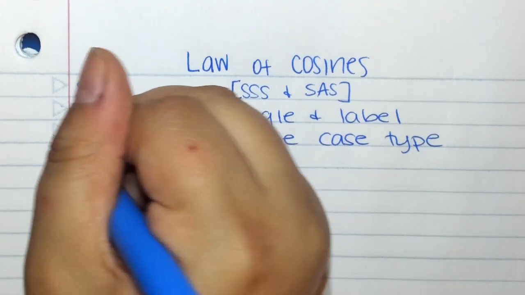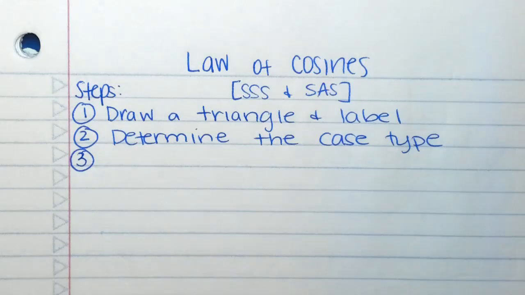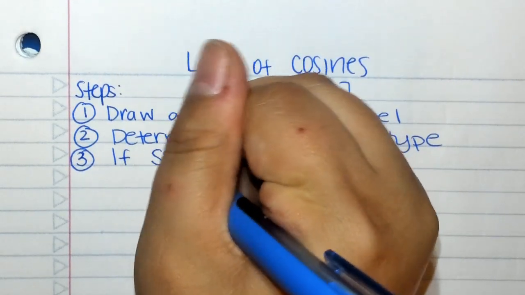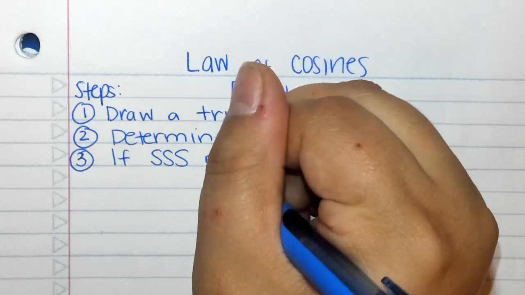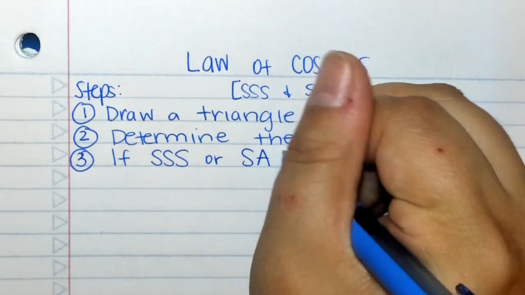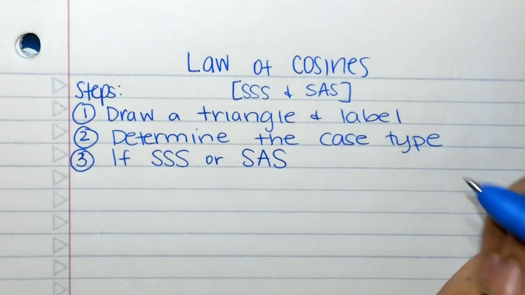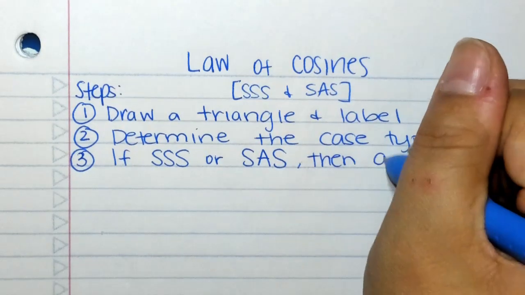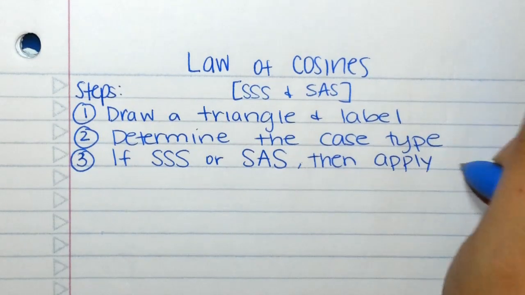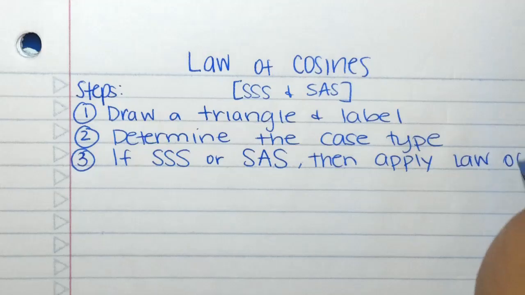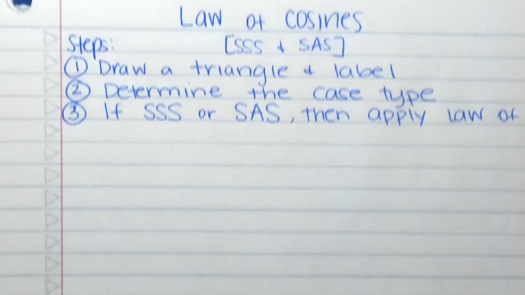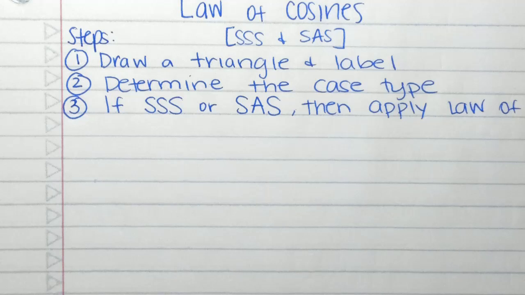All right, step 3 is the new step today. If you get SSS, or SAS, 2 sides with an angle in the middle, then you will apply law of cosines.